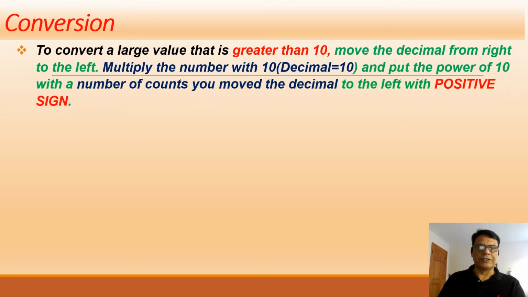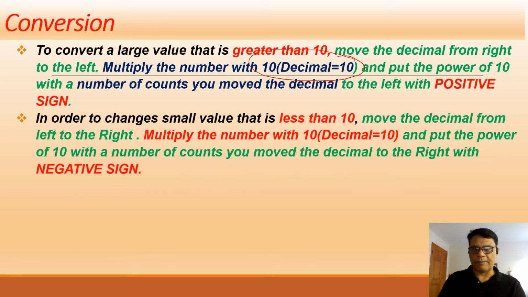Let's see the conversion. To convert a large value that is greater than 10, move the decimal from right to left and multiply the number with 10, and put the power of 10 with the number of counts. You move the decimal to the left with a positive sign.